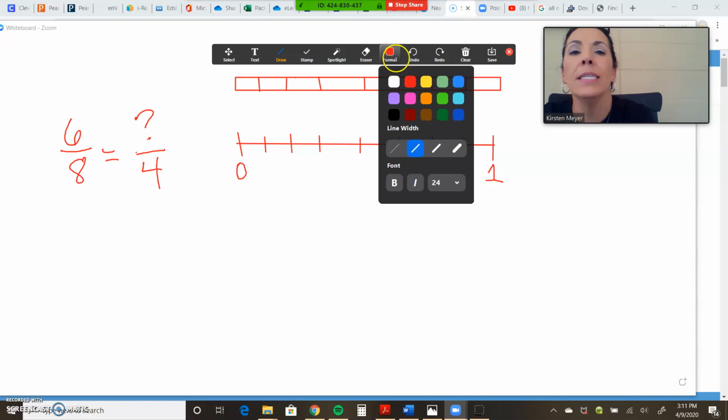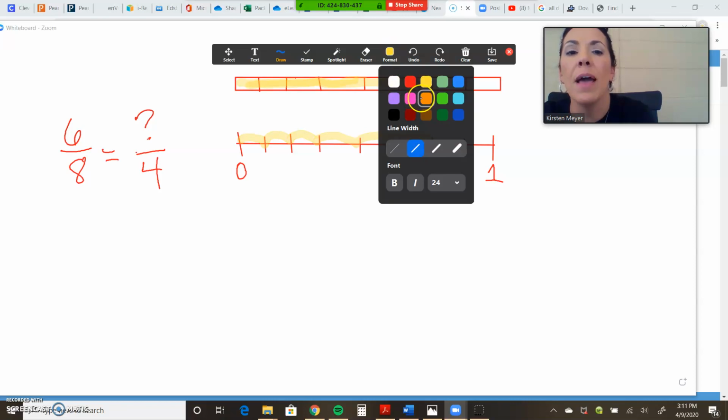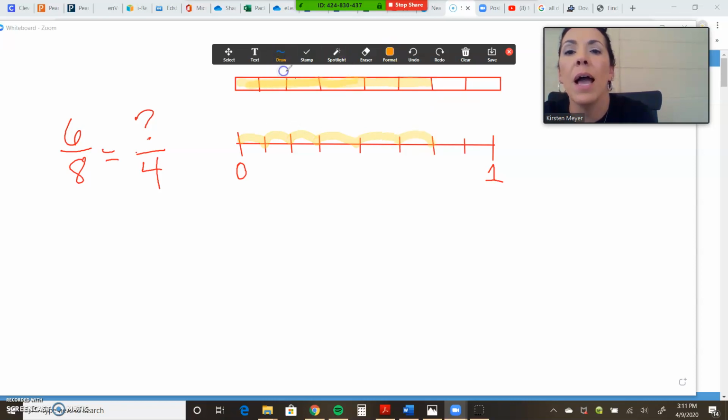Okay, and I did say that I was going to have 6/8. So if I were to shade in 1, 2, 3, 4, 5, 6, that's what my model would look like. So if I went 1 hop, 2 hops, 3 hops, 4 hops, 5 hops, 6 hops, that means that I would want to have my representation of 6/8 right here.